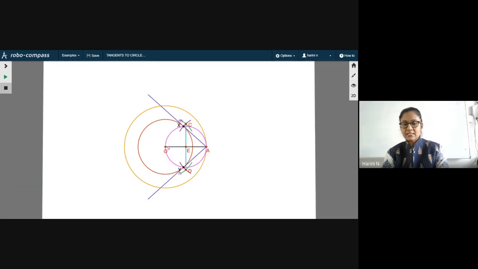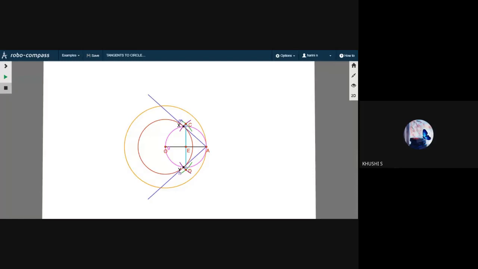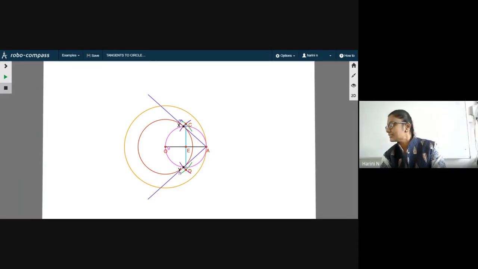With E as center and radius OE, draw a circle intersecting the original circle at X and Y. What's the next step? Join AX and AY. Yes, join AX and AY.